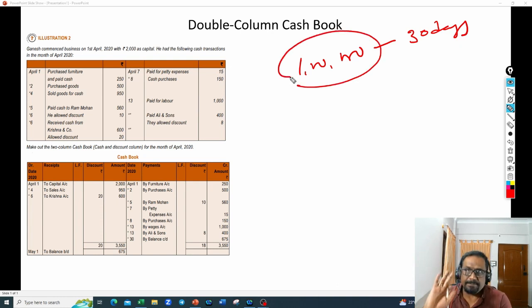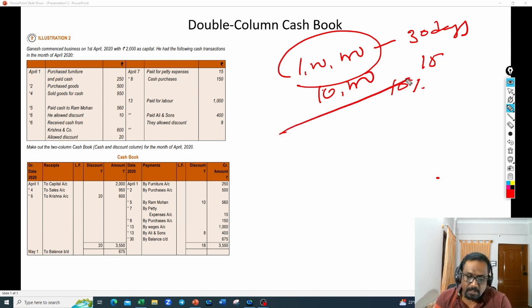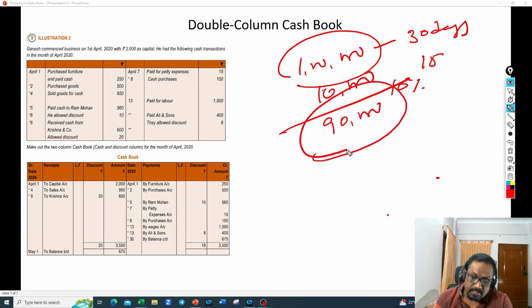But the supplier said, if you could pay me in 15 days, I will give you 10% discount. 10% on 1 lakh is going to be 10,000. So if I pay 90,000, that is enough, because I get 10,000 rupees discount for making this payment within 15 days.